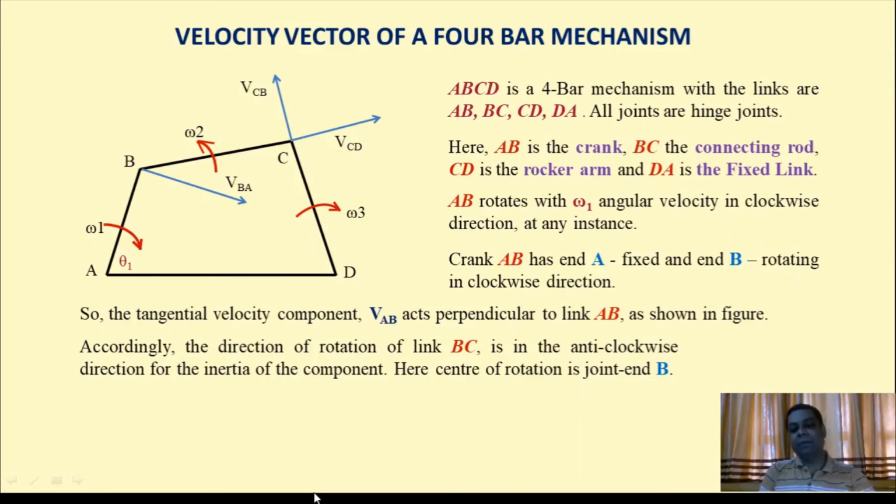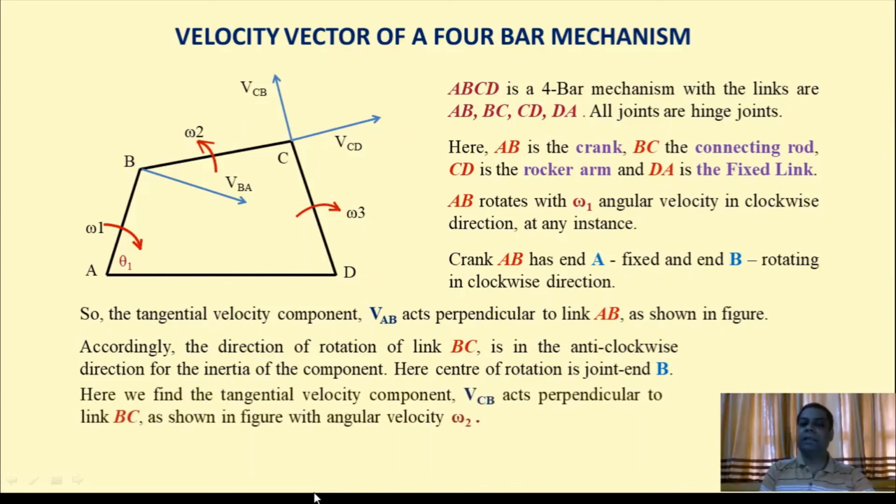Here, for the center of rotation in the case of BC, the joint end B should be considered as fixed, and the joint end C should be considered as the moving or rotary part, which has a tendency to rotate in the anti-clockwise direction.